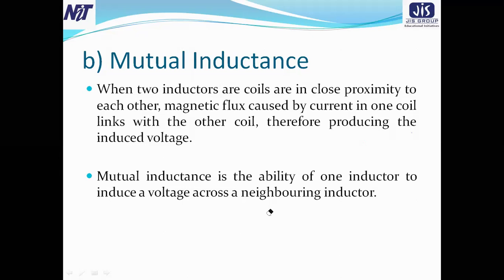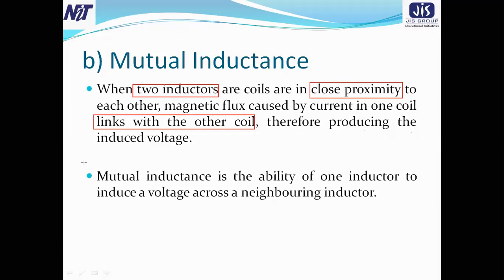Why is induced voltage produced? It has some reason. Two inductor coils are in close proximity to each other. Magnetic flux is caused by current in one coil, and it links with the other coil, therefore producing the induced voltage.